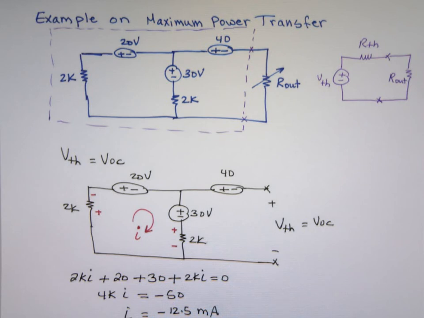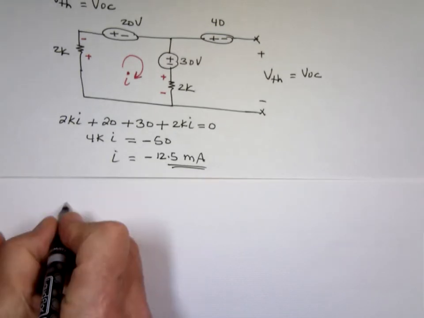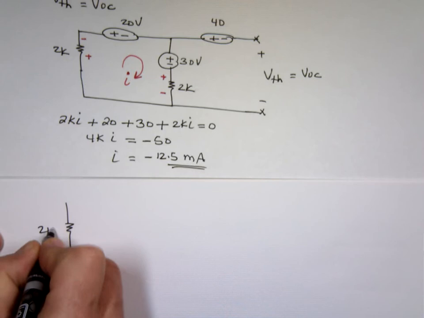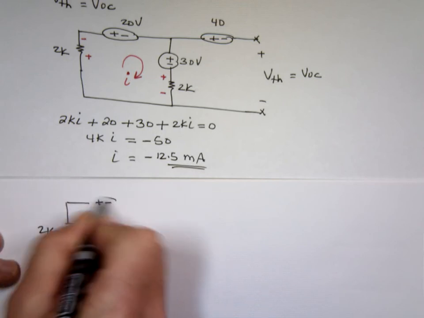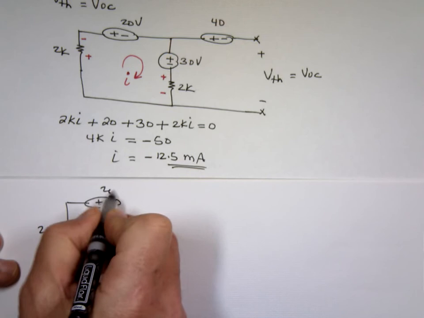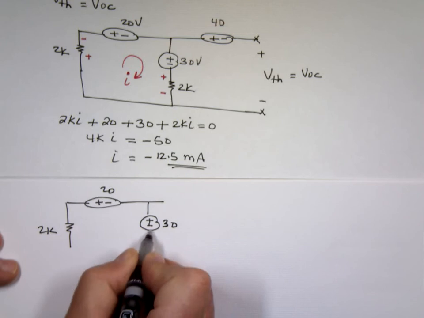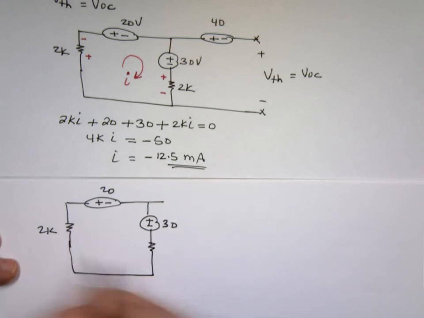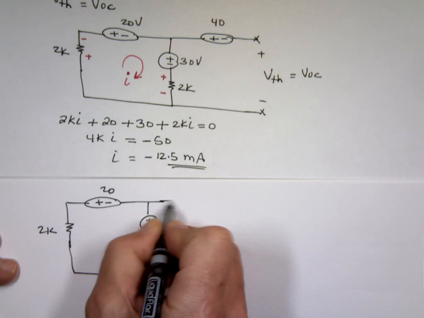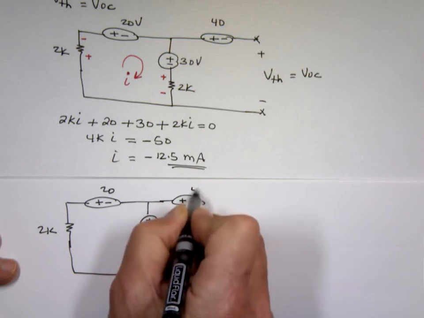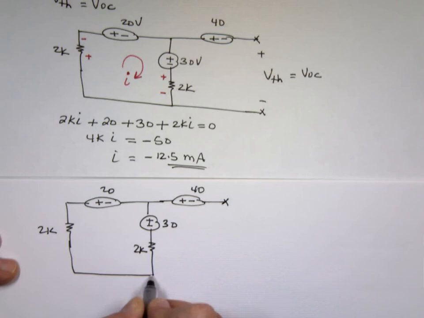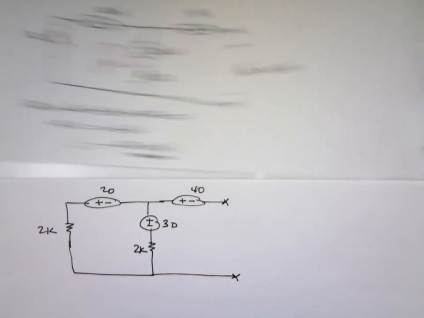Which means the current is going to be going which way? Upward. So I can redraw the circuits. I don't have to keep flipping back and forth. I don't want to keep going back to that page, so I can put it away now.